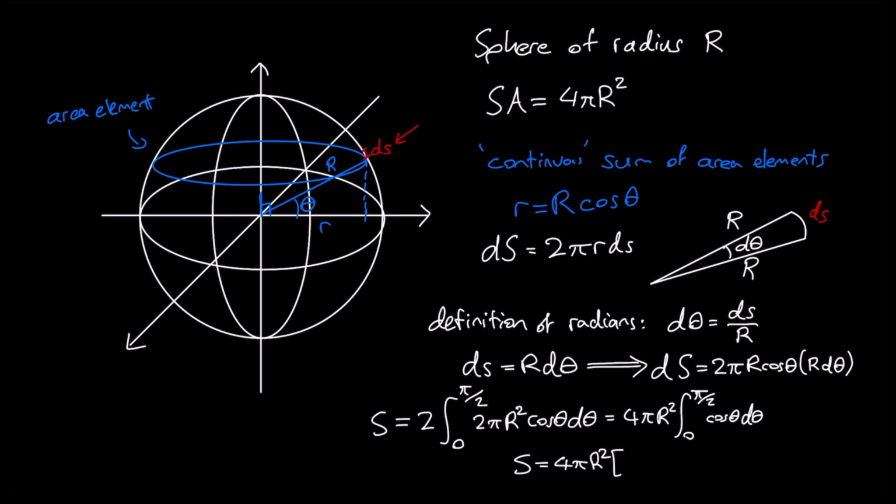And then if we integrate this, cos theta integrates to sine theta, with an upper terminal of pi on 2 and a lower terminal of 0. That means we're going to have sine pi on 2, which is 1, minus sine 0, which is 0. So we're left with the surface area is 4 pi capital R squared, which is what we were after.